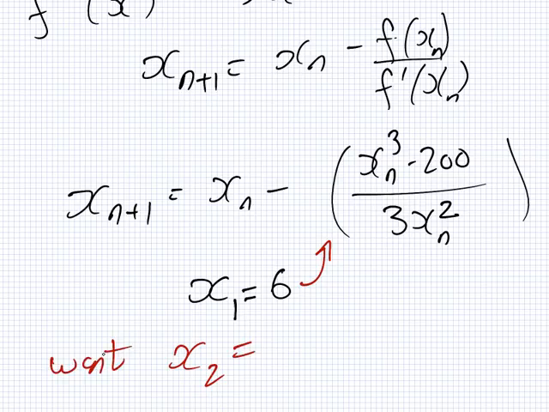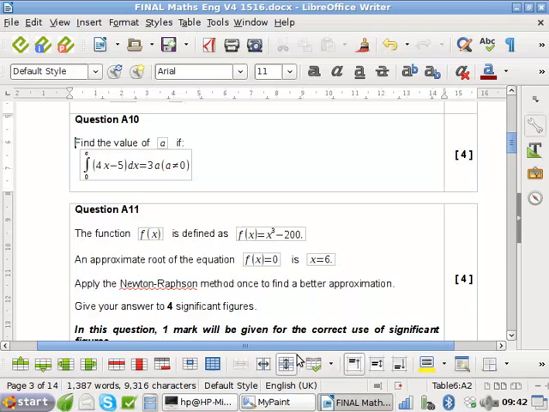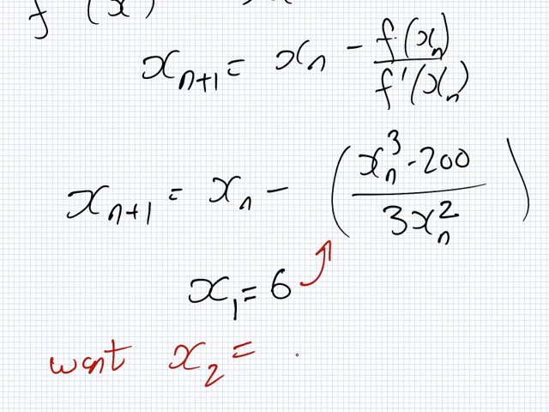Right, 6 minus 6 cubed minus 200 over 3 times 36. And we get, does it say about significant figures? 4 significant figures. 5.852. And that's the answer.